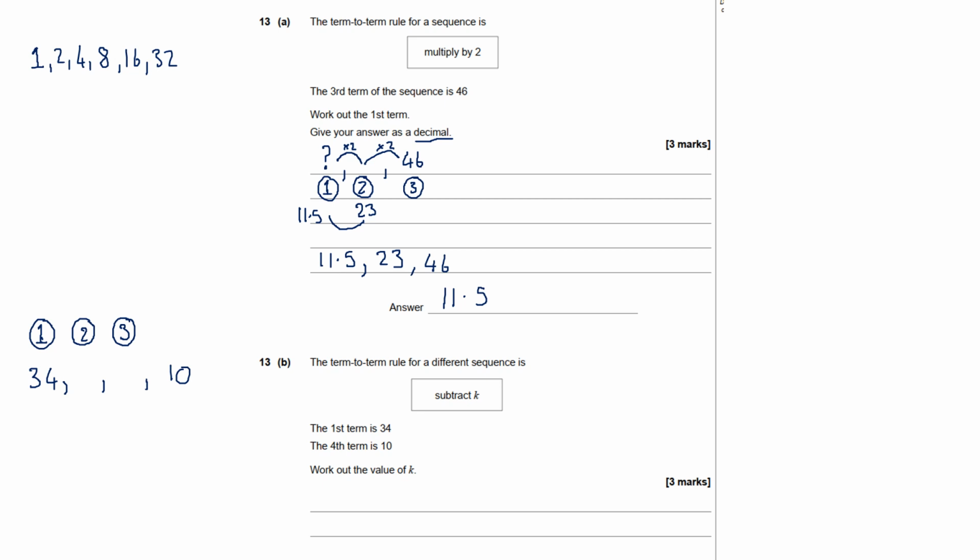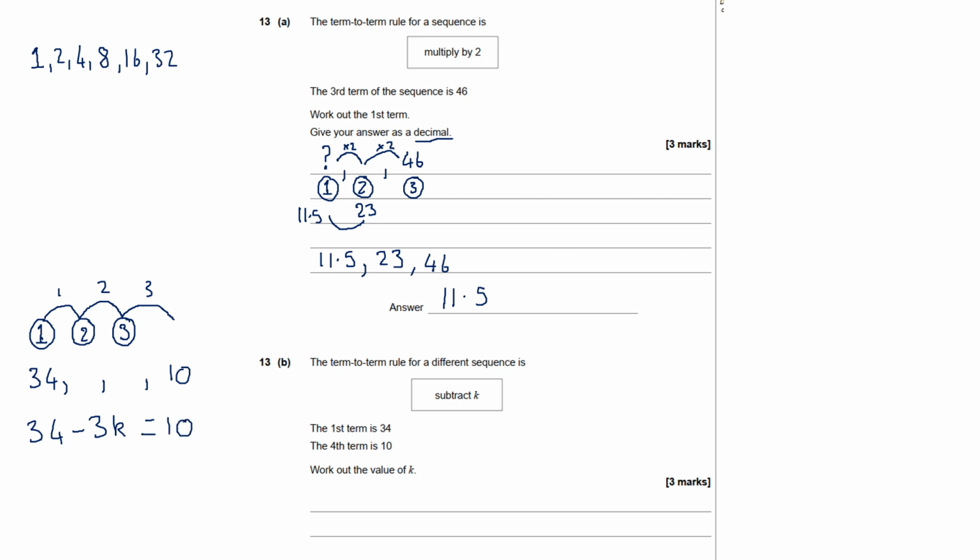So we've got to subtract one number, then subtract another number, then subtract another number, and then we finally get to 10. So 34 minus 3 lots of this mysterious number, minus 3 lots of k, because it's got to be 1, 2, 3 lots of k, leaves us with 10.